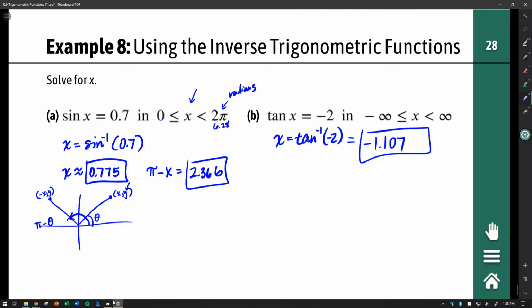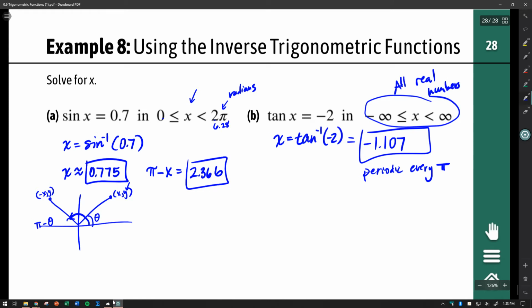What do we know about the tangent? Well, we know that tangent is periodic every pi. And we want to give our answer in the domain between negative infinity and infinity. So basically, this is all real numbers.